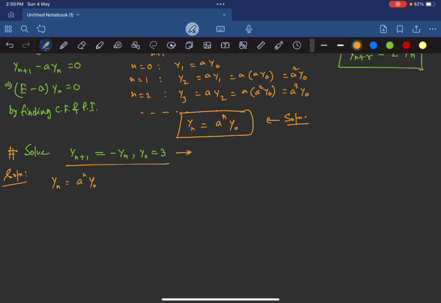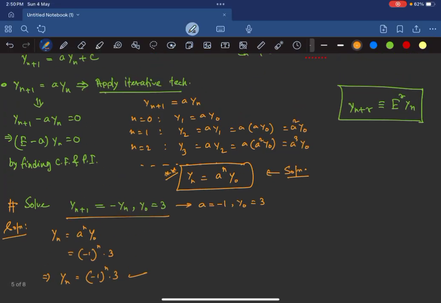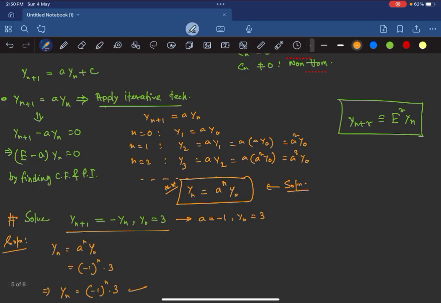From this question itself, the value of a is -1 and y_0 is 3. So you can put these values: y_n = (-1)^n times 3. This is our solution. Directly you can apply the formula; this one you can memorize. Okay, so this is the iterative method.